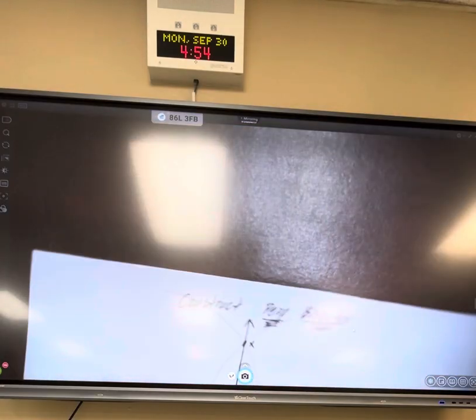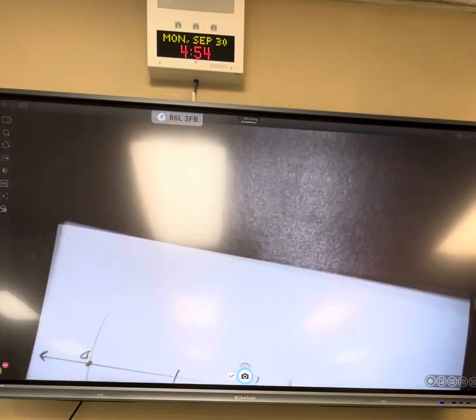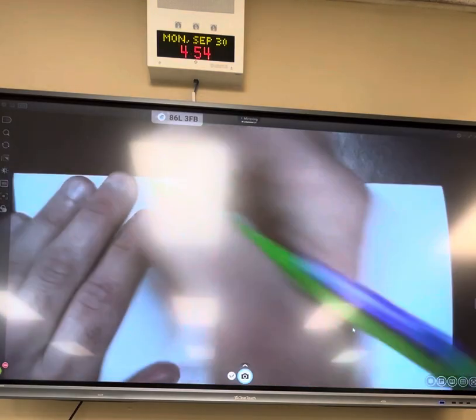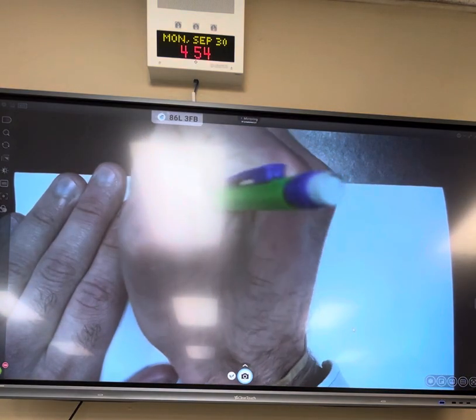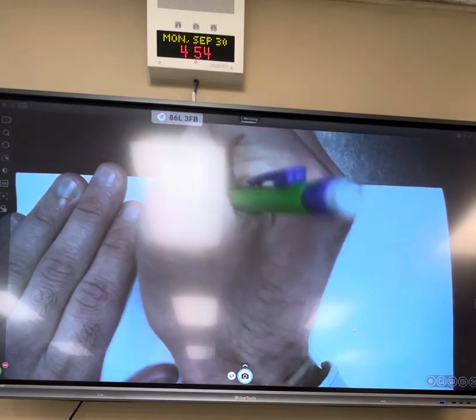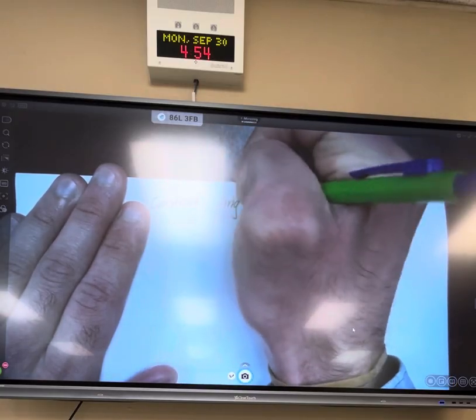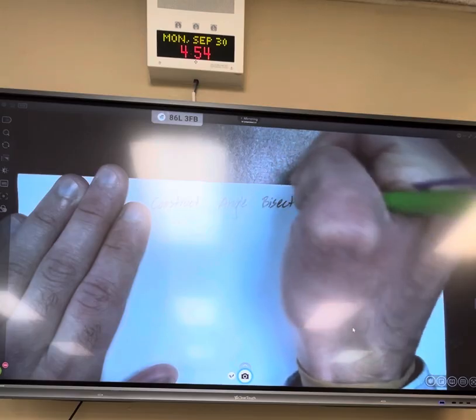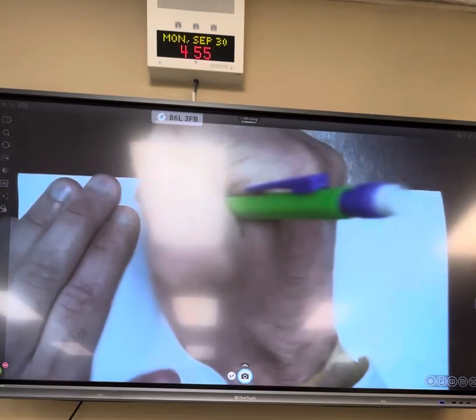So now let us draw the last thing, which is constructing the angle bisector. Okay, cool.